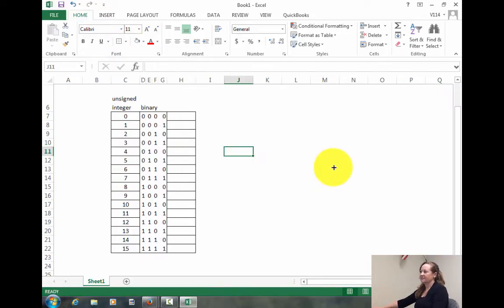Yes? So here's our, let's say, number 7. How do we represent number 7 in binary? It's 1, 1, 1. How do we represent the number 15 in binary? 1, 1, 1, 1. And you see that this is all the possible combinations of 4 bits.